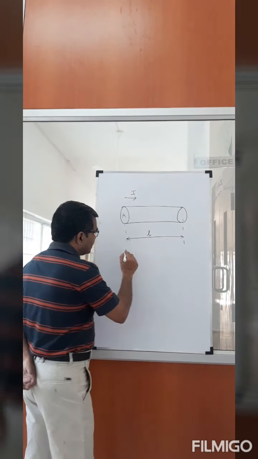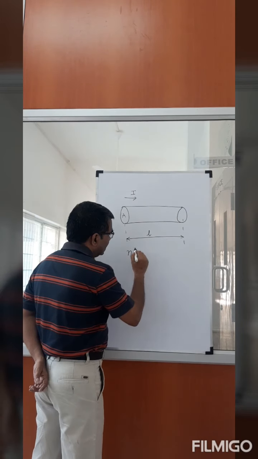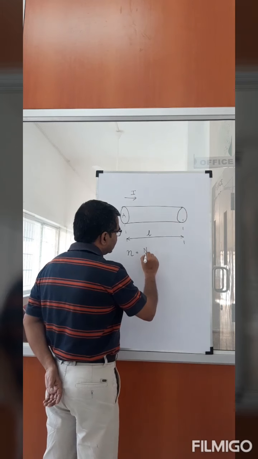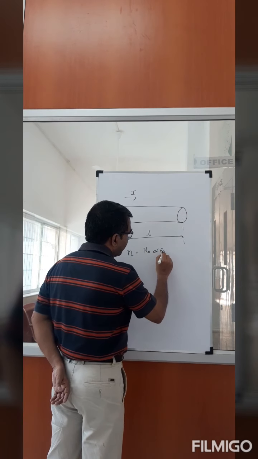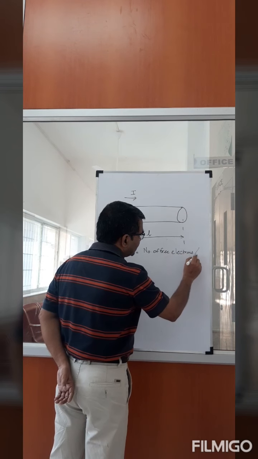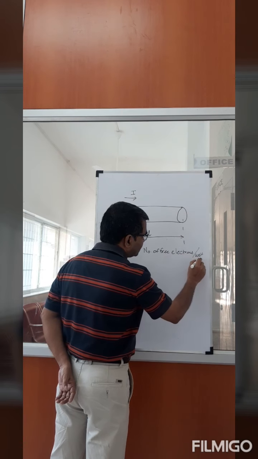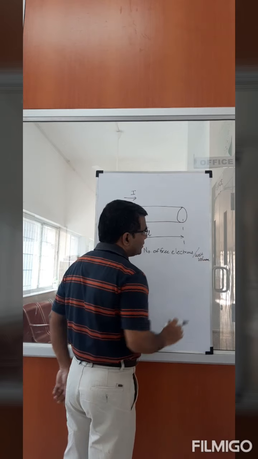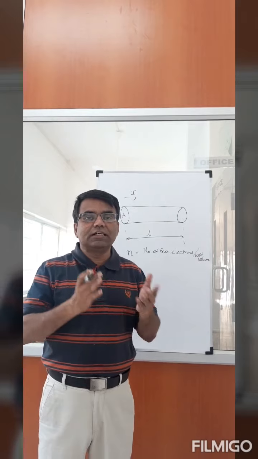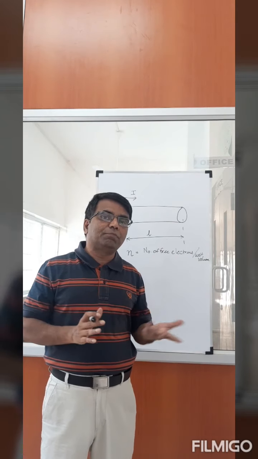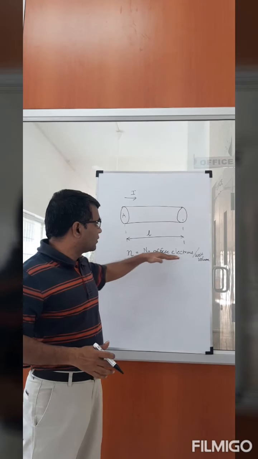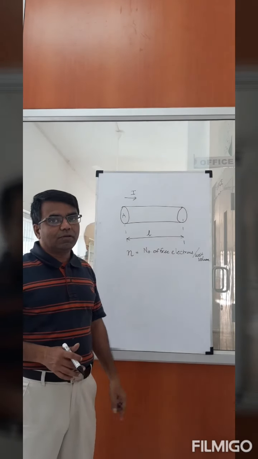Let n be the number of free electrons per unit volume. We know that it's going to be different for different materials. If you take aluminum, you will have one value. If you take copper, you will have a different value. So n is the number of free electrons per unit volume.